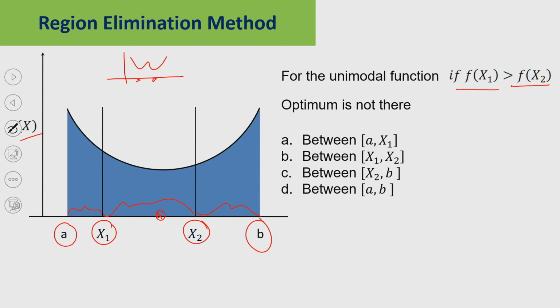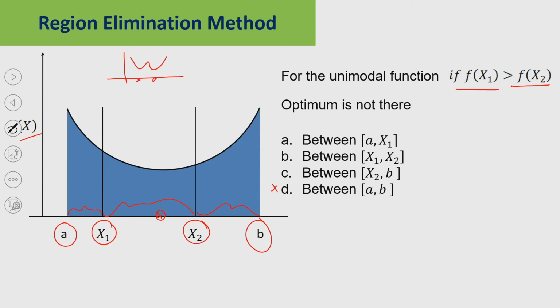This is a unimodal function, so this last option is not correct, as there is a minimum solution of this function. Now, the question is which one is true.